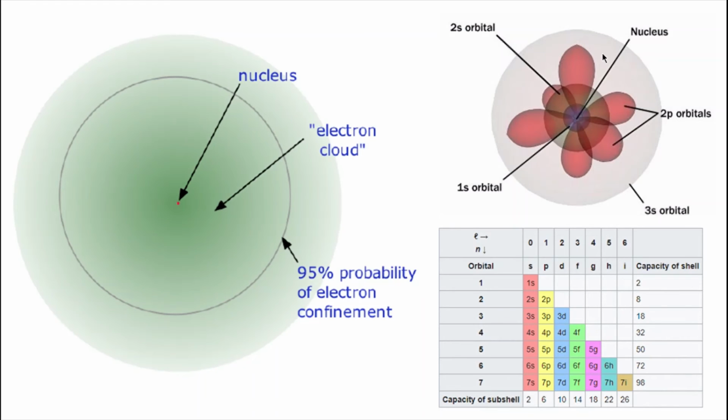And then you can see, I guess, trends in the orbitals in the periodic table. You see as the orbitals increase, you can tell that the capacity of the shell is gradually increasing, which is a part of the periodic table.